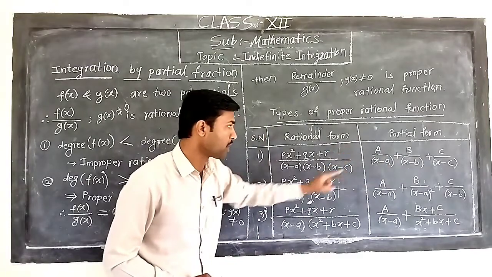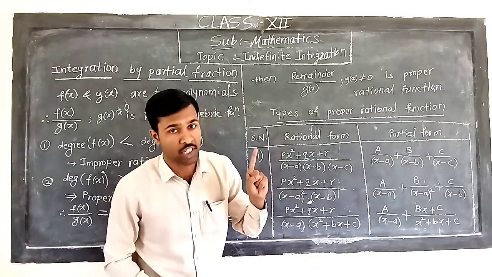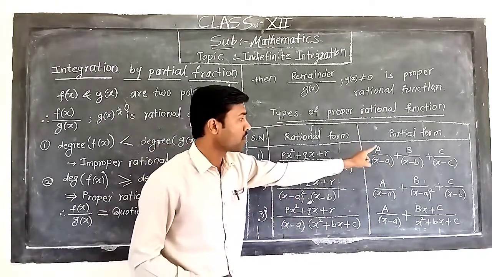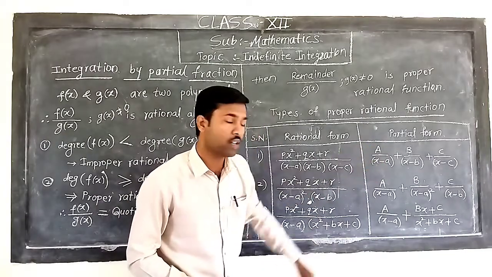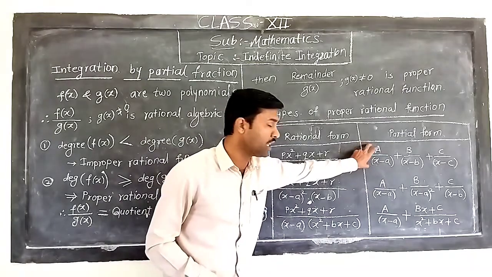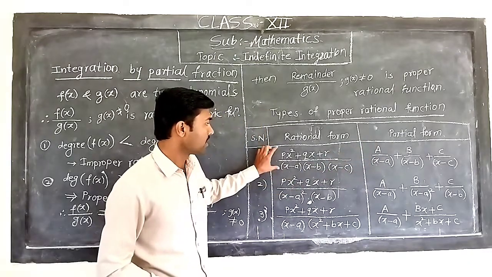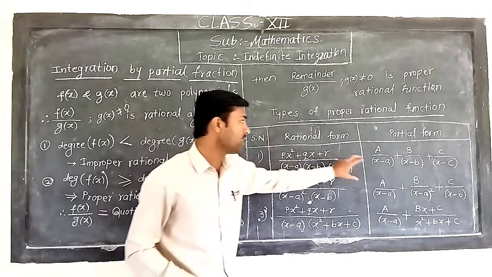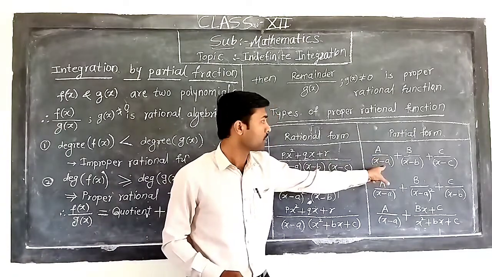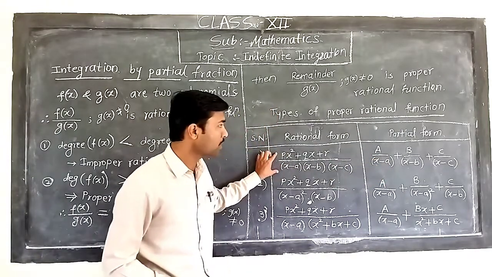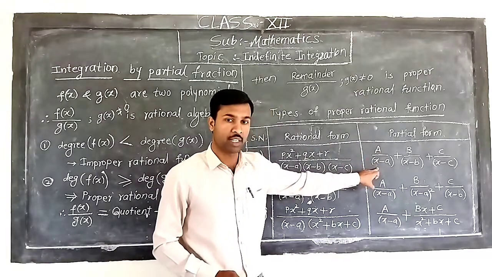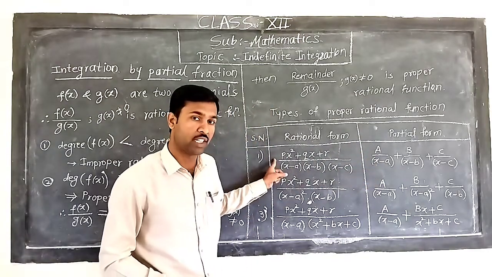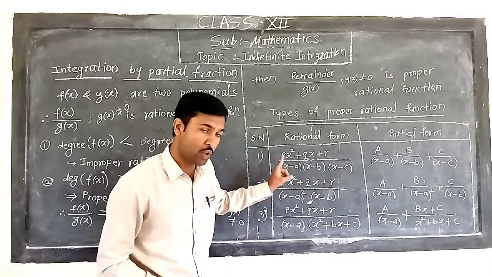That is A upon x minus a, the middle sign must be plus, second constant B upon second factor x minus b, plus C upon x minus c. This is the rational form and this is its partial form, and by using this partial form we can solve such integrations in which the factors are non-repeated and linear.